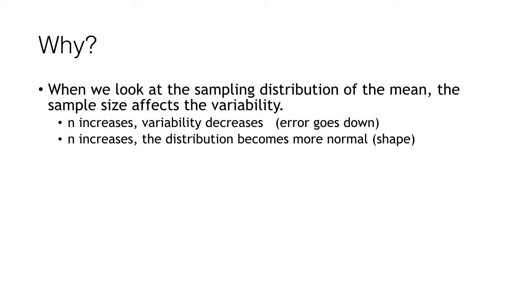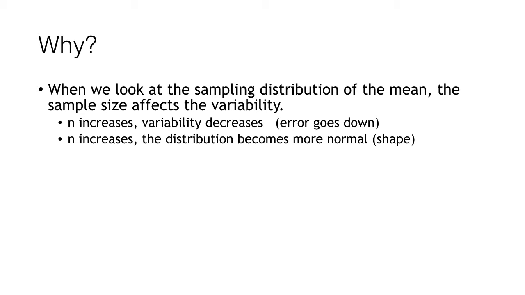Well, when we look at the sampling distribution of all those means on that underlying distribution, the sample size that we pull affects the variability. If we pull larger samples out of the population, our variability decreases.